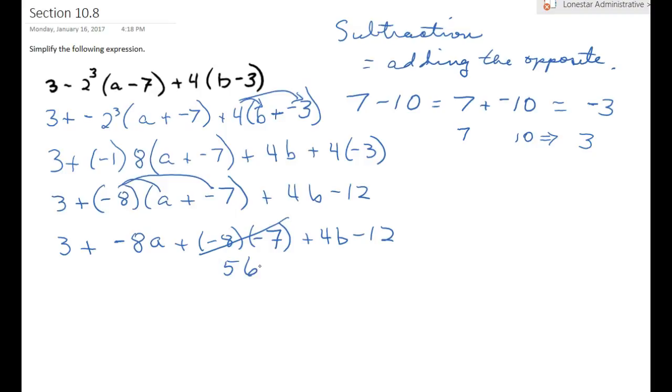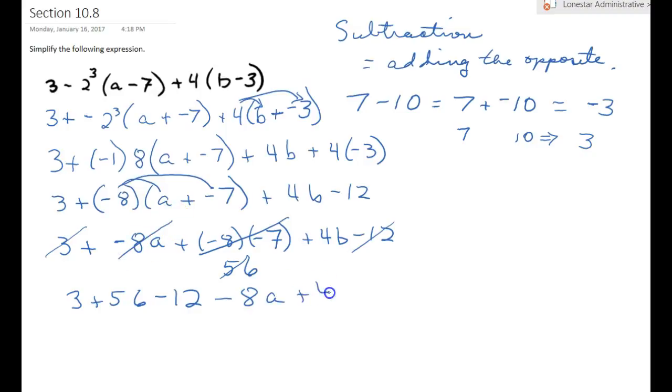Okay, now that we've done all that, we can combine our like terms. Now, the 3 and the 56 and the 12 are all like terms. They don't have any variables with them. So let me rewrite it: 3 plus 56 minus 12 takes care of that, and that. And then we still have our minus 8a. We don't have any other a's.